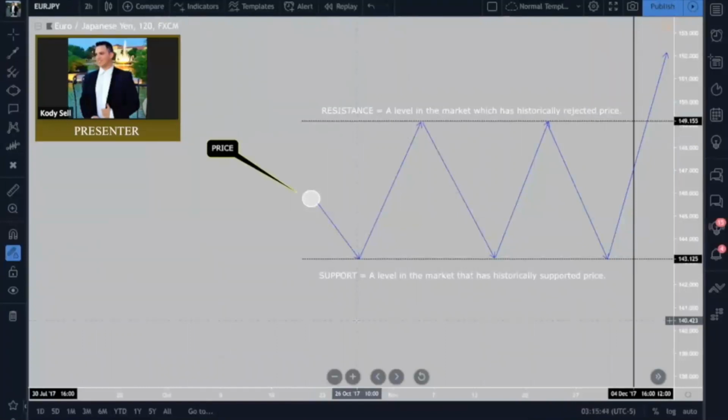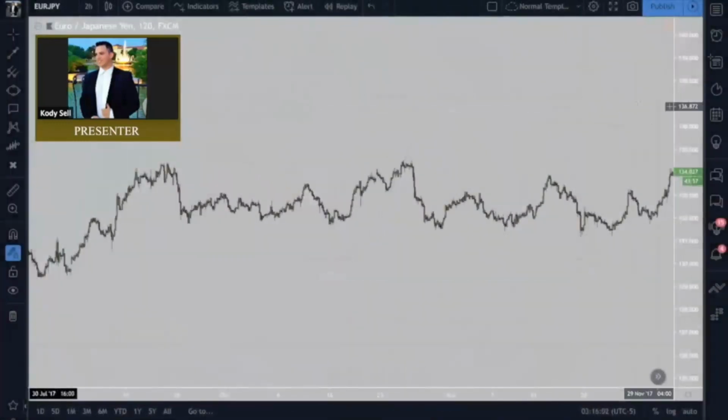Now let's go back into the market and see if we can identify real support and resistance in action. All right, so now we're back on Euro JPY. We're going to look at applying that information to the real charts. So let's start off over here on the left-hand side of the chart and take a look.